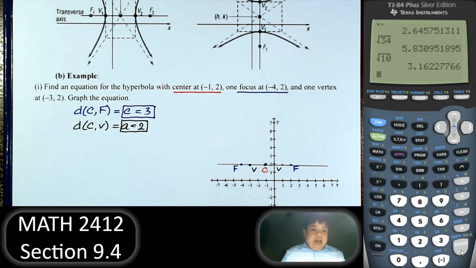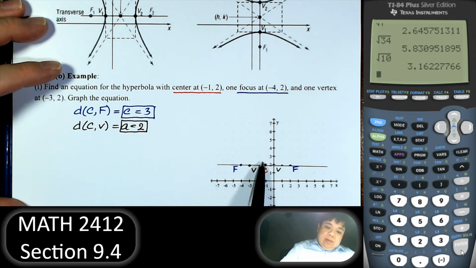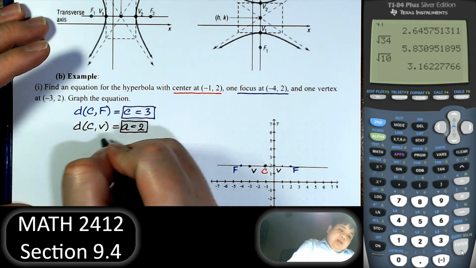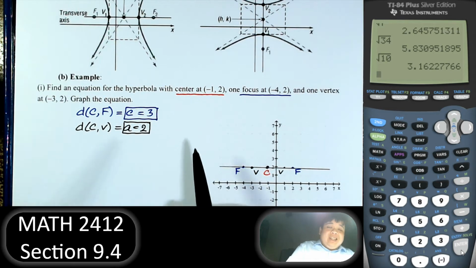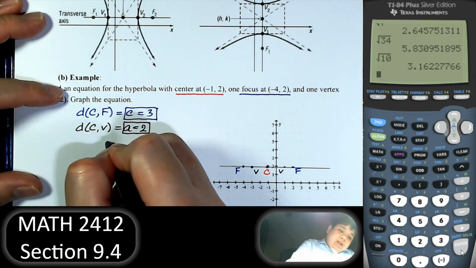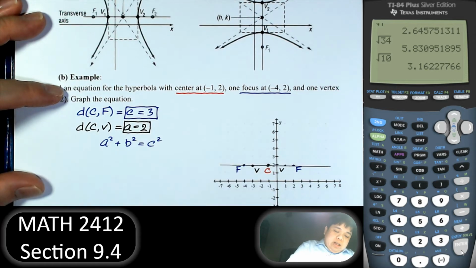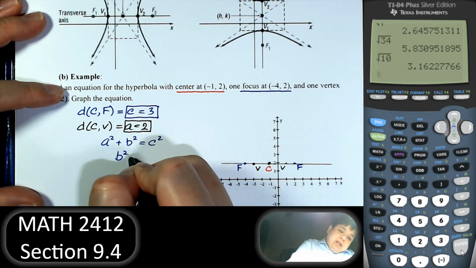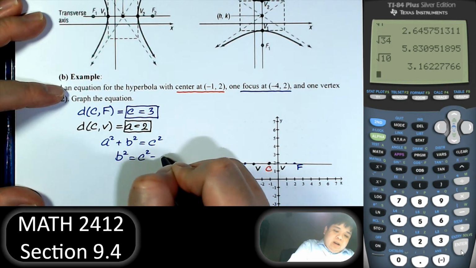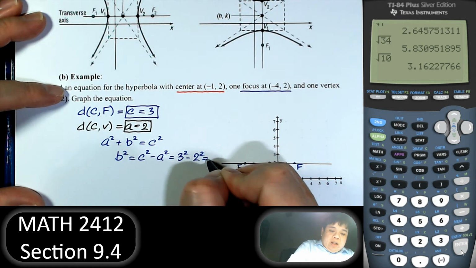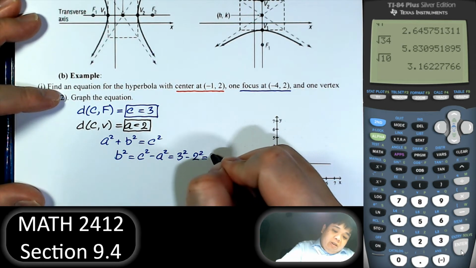So in this case we have the hyperbola, of course, and then we have a and c. We should be able to find b. Out of all of those a, b, c, c is going to be the biggest one. So a squared plus b squared equal to c squared. So b squared is equal to c squared minus a squared, 3 squared minus 2 squared. 9 minus 4 is 5.